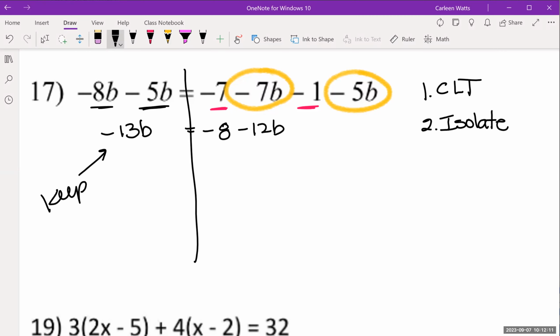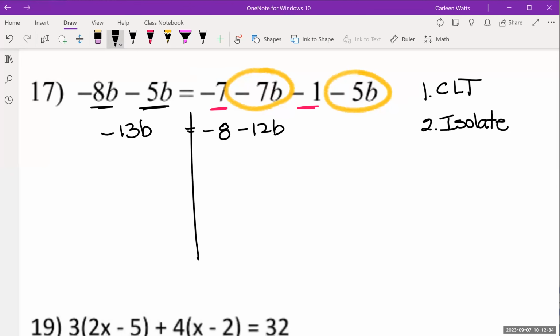It's just already alone. So the b over here, this guy right here, is on the wrong side. I am isolating the variable. That means I want my b's over here and my constant terms, my numbers, over here.